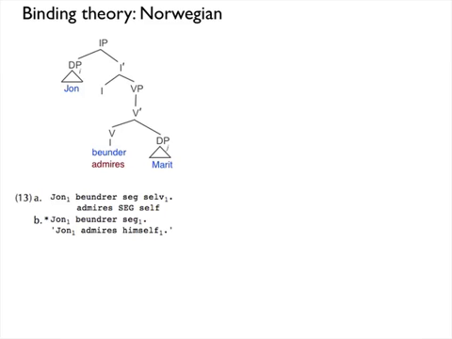We can't put a gloss there because there's nothing like it in English, right? What would you call it? It's sort of like "self," or something like that. But "self" would just look stupid. So we say, well, we don't know what it is. We'll call it "seg." This is what the author of the Norwegian binding theory story did.